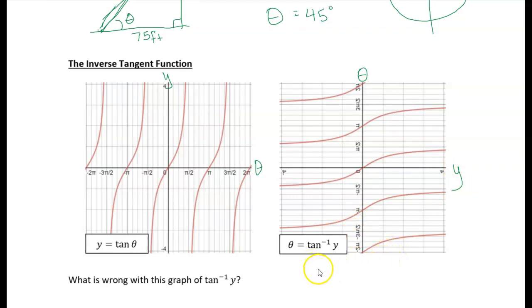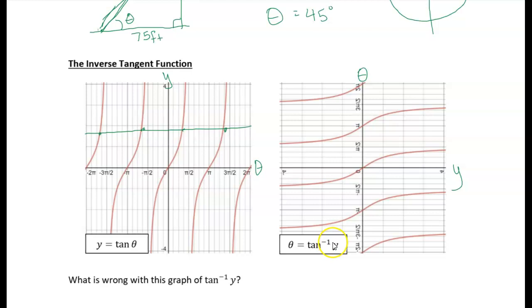All right. So again, I have a problem. If I have a tangent of, say, square root 2 over 2, let's say square root 2 over 2 is about there. I have more than one angle that gives me that tangent value. So I have a problem because this is not a function unless I restrict the range again.